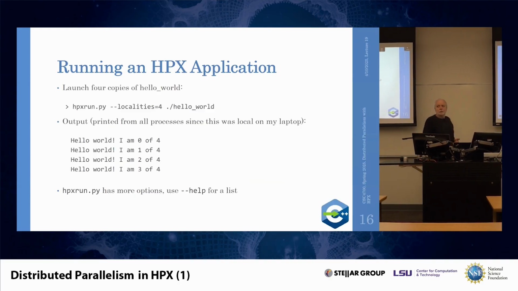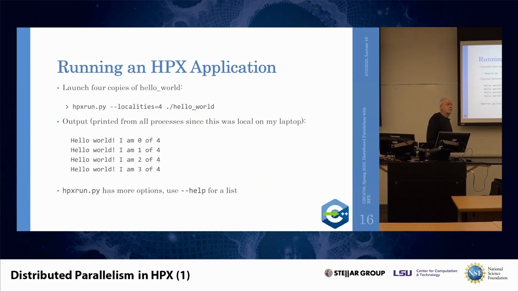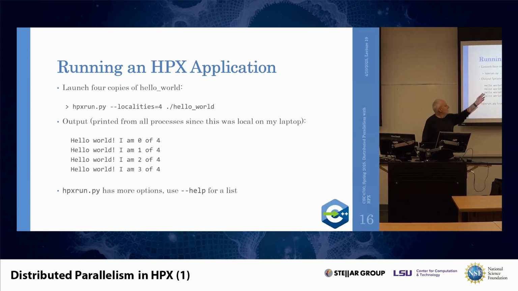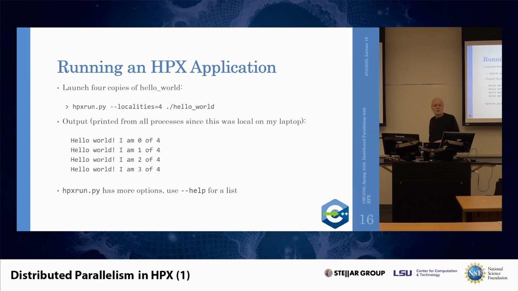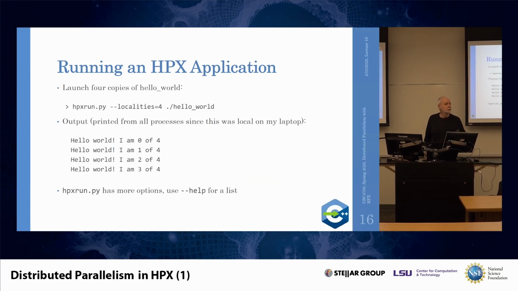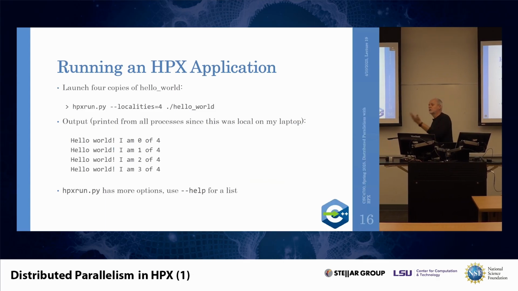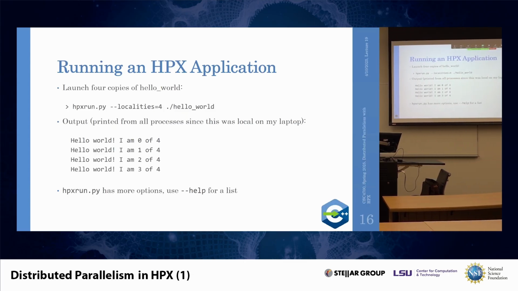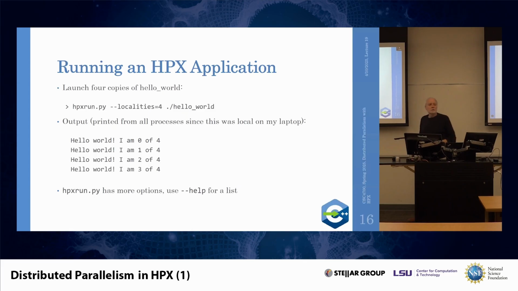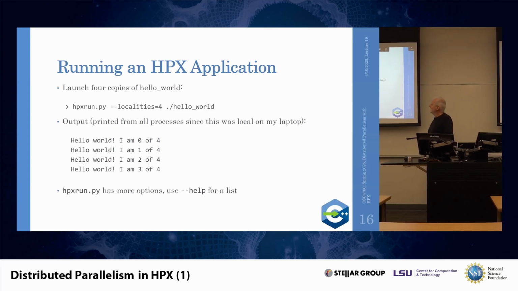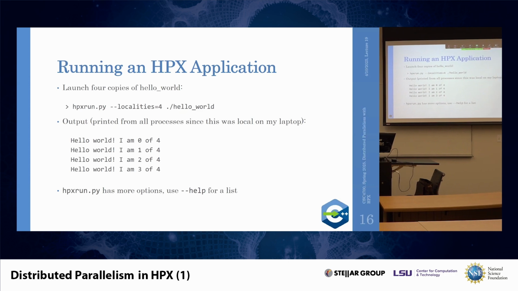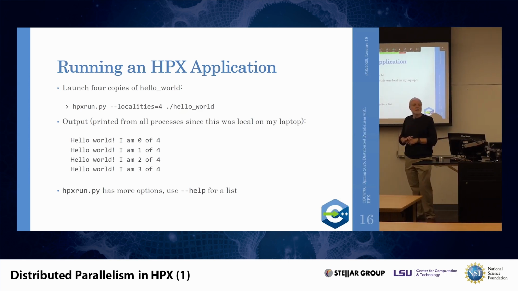How do I run more than one application on a cluster? Well, I don't want to type the name of Hello World 5 times or 10 times in 10 different terminals to launch it on 10 different nodes in the system. You don't want to do that. So HPX comes with a utility called hpxrun. It's a Python script, and it can launch things with a given number of localities.